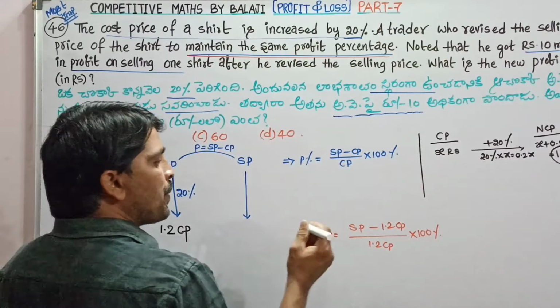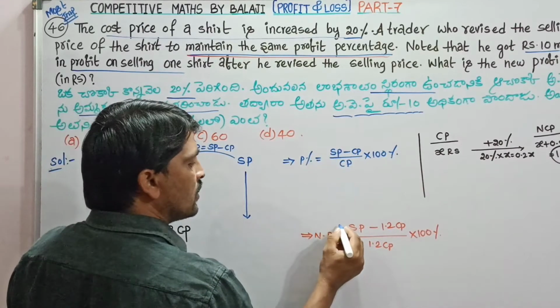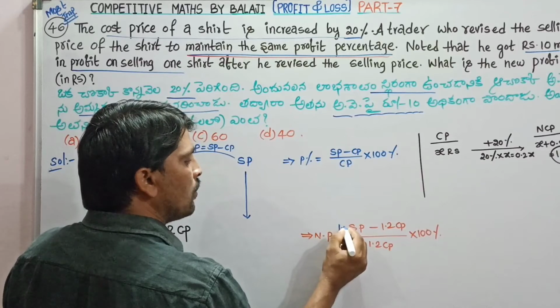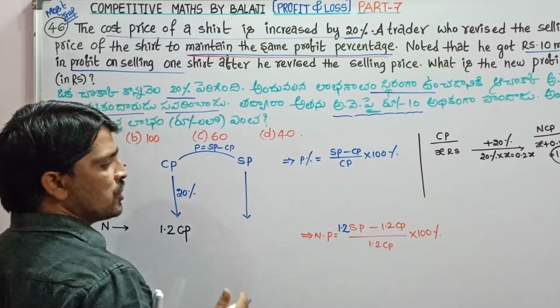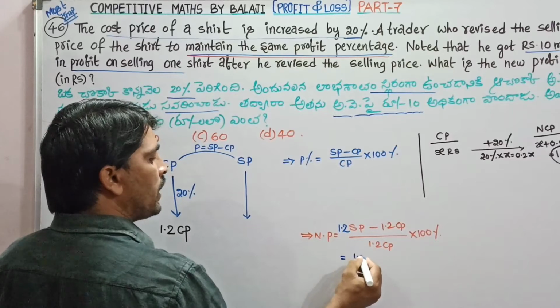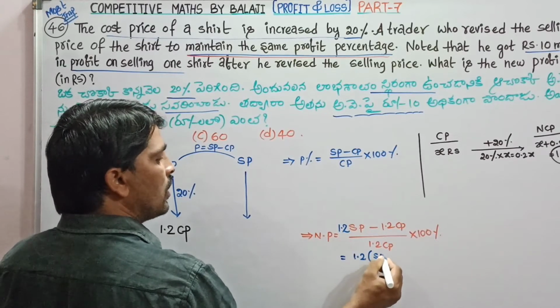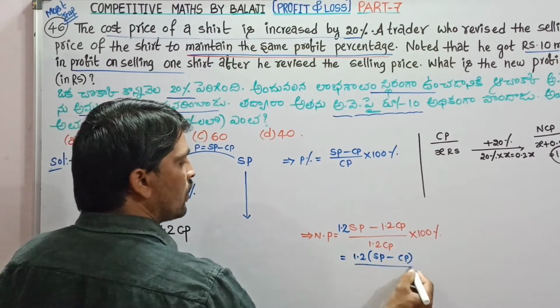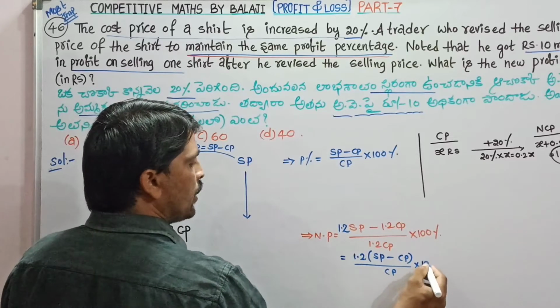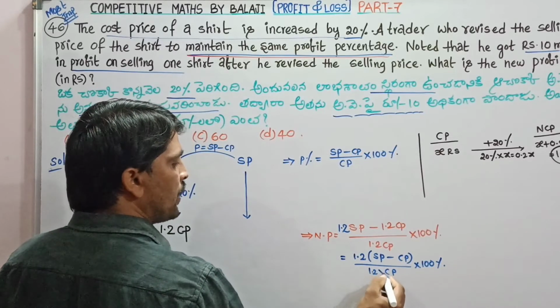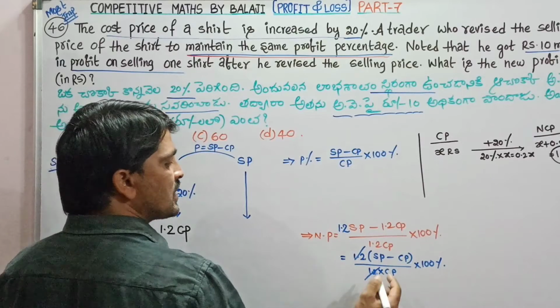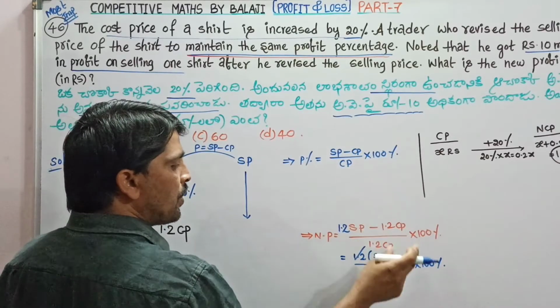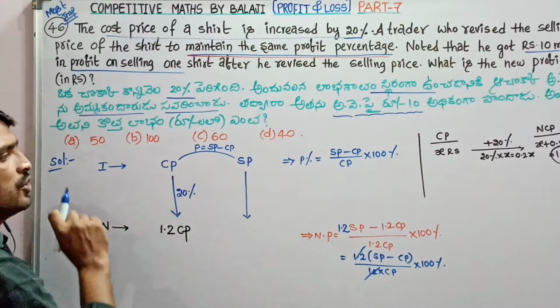That means SP also increases by 20%, so the new SP becomes 1.2 times the initial SP. Taking away the common term 1.2, we get (SP minus CP) over CP into 100%. Here also 1.2, so the 1.2s get cancelled. We get the same profit percentage as the initial one.